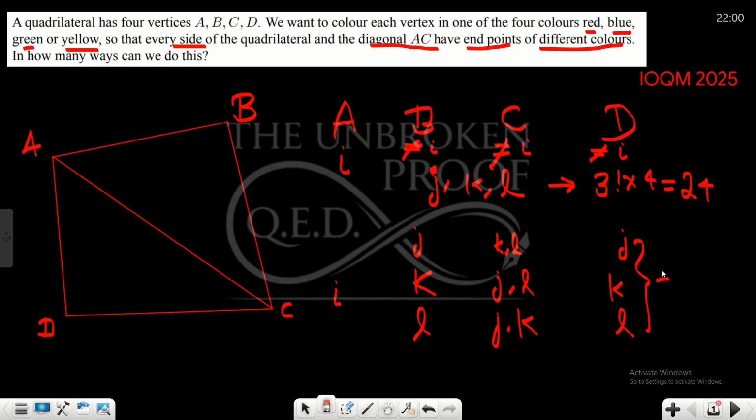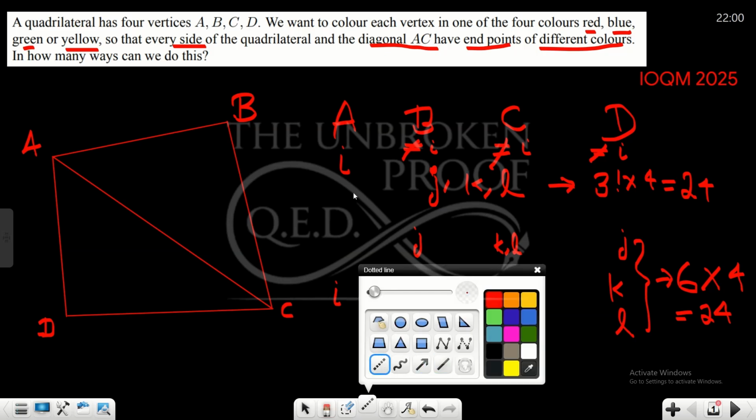So how many cases are possible? For A equal to I, 2, 4, 6. Into 4 for the 4 colors of A, and that will be 24. Now if I take A as J, then the ones where J is filled will be replaced by I automatically, so we need not consider them separately. That's why I multiply by 4, and we got the second case also as 24.